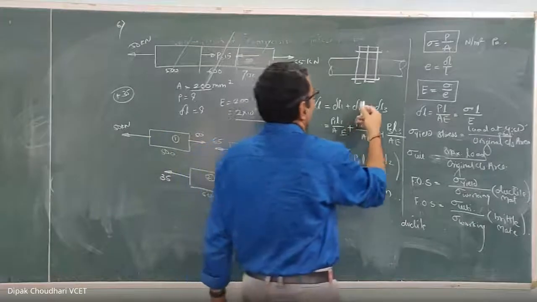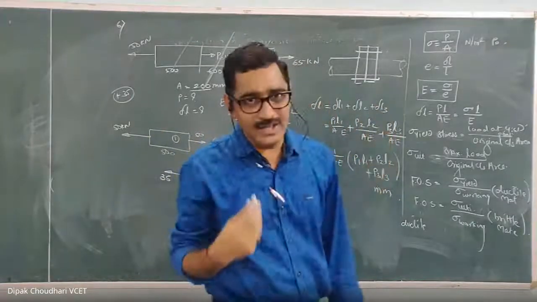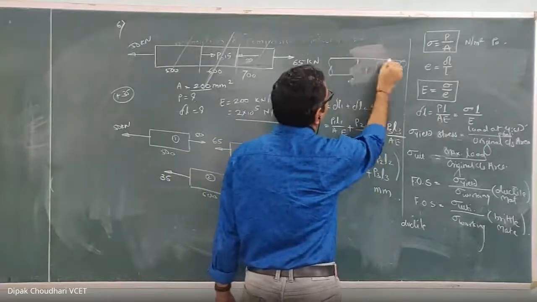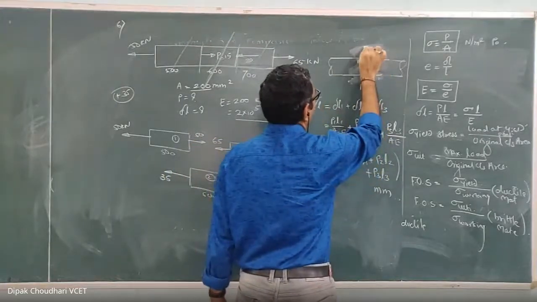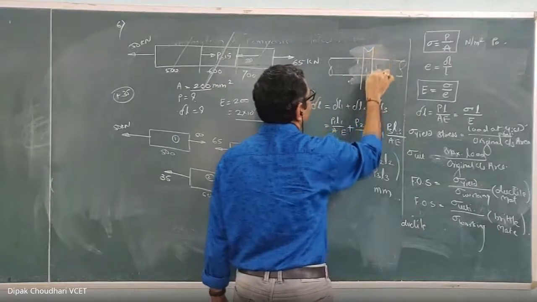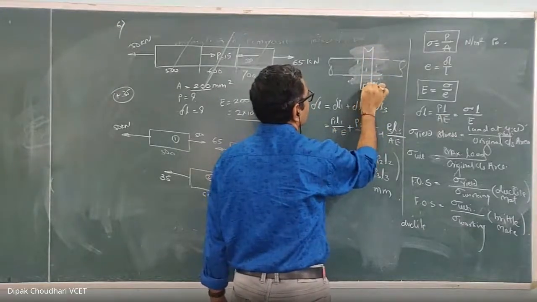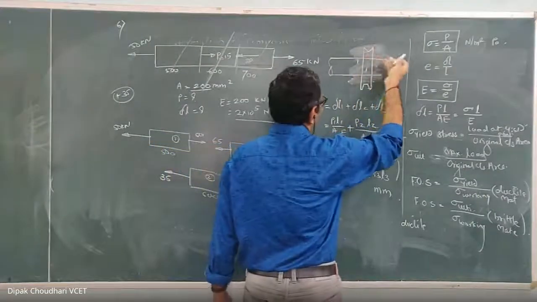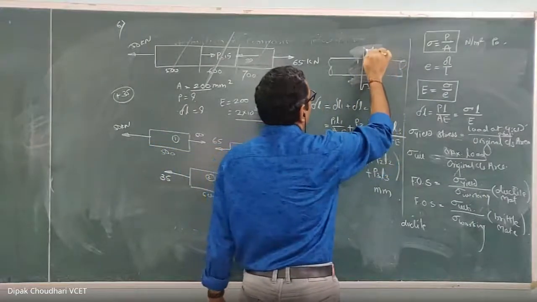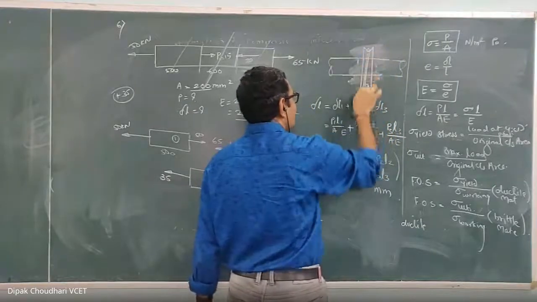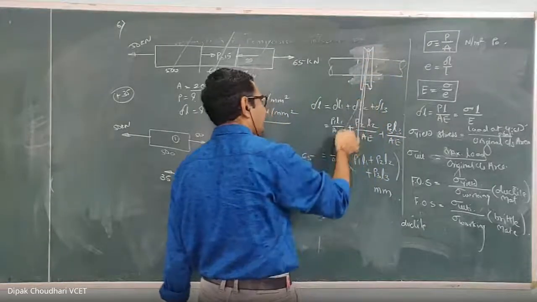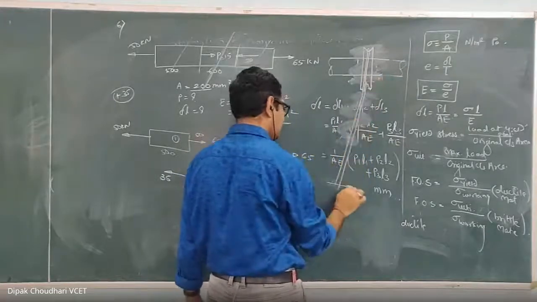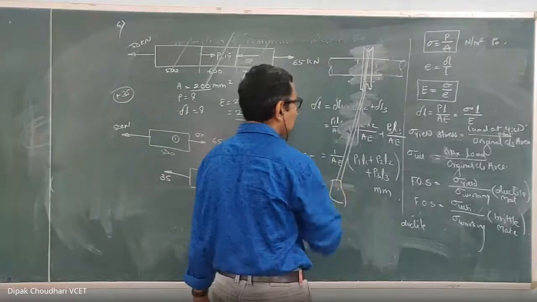Or if there is a pulley, suppose on the shaft one pulley is mounted, and the belt passing over this pulley is not vertical. It is somewhat inclined. Here some another pulley is there.